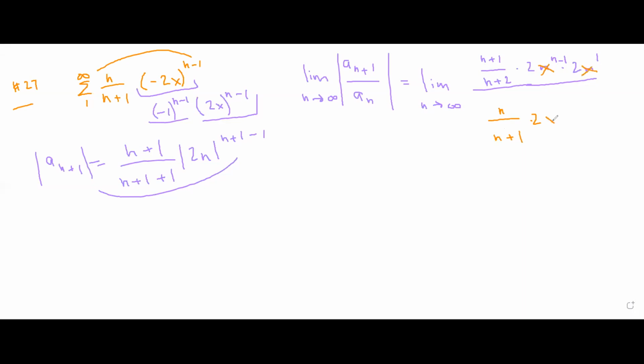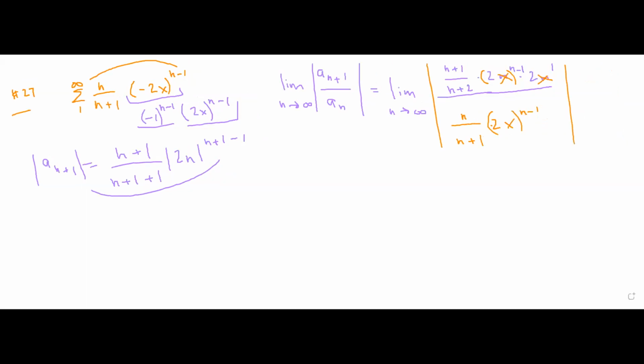So 2 times x in the parentheses raised to the power of n minus 1, just like we had hopefully in the numerator. And that's it. So this is the limit to find when we also take the absolute value of this whole thing.